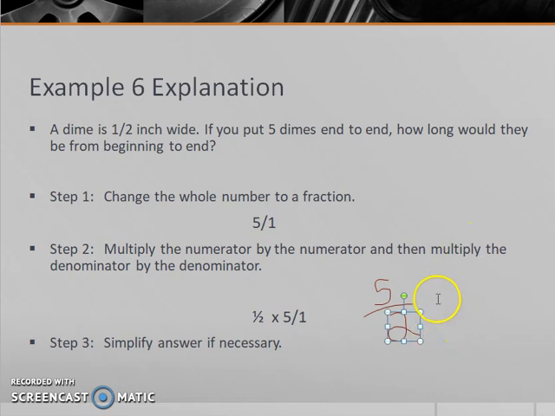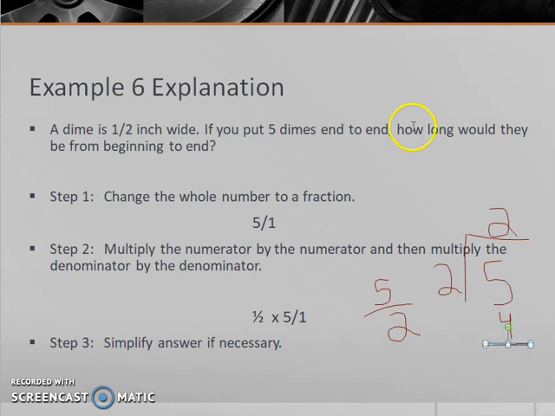We can't leave it that way, so we're going to use division to help us solve here. And we have 2 divided into 5. And we know that's going to go 2 times because 2 times 2 is 4. And we're going to have 1 left over.